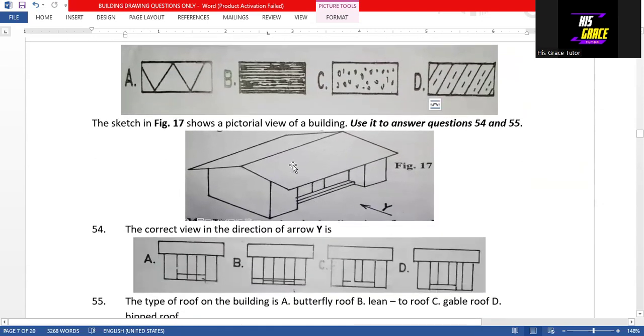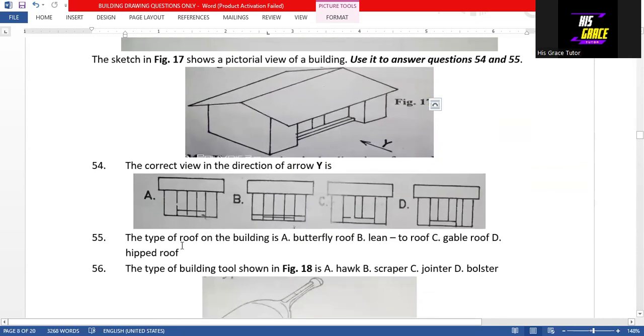Then questions 54 to 55, we have to make use of this diagram to answer questions 54 and 55. Question 54: the correct view in direction of ROY is option C. Then question 55, the type of roof on the building is a gable roof.